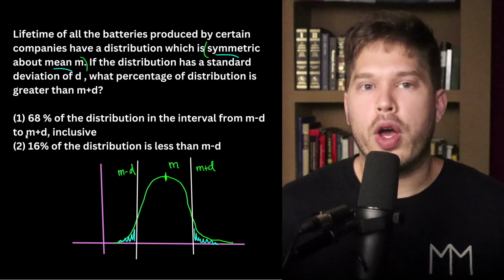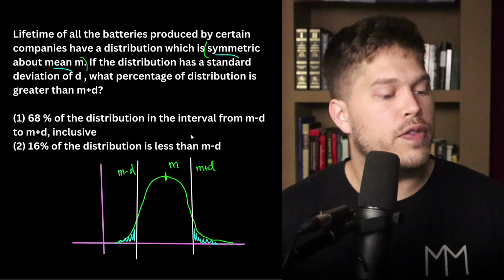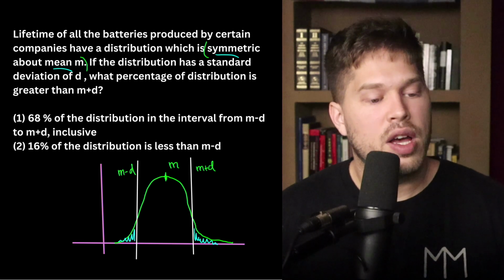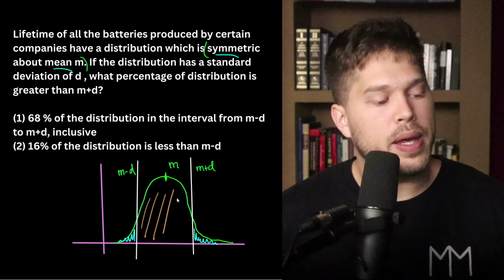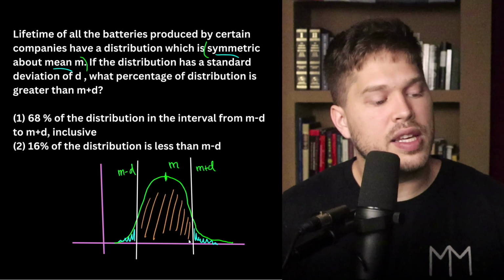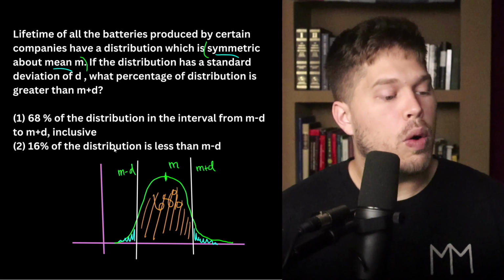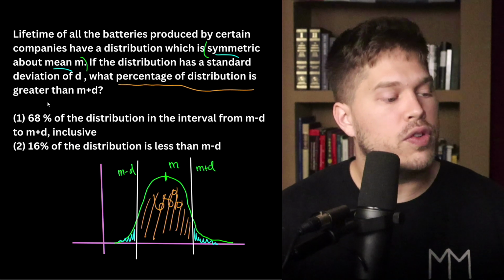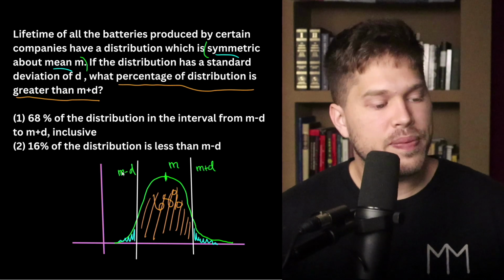So in statement 1, we're told that 68% of the distribution is in the interval from m minus d to m plus d inclusive. Okay, so all of this space from m minus d to m plus d inclusive represents 68%. Are we able to determine what percentage of our distribution is greater than m plus d from this statement?